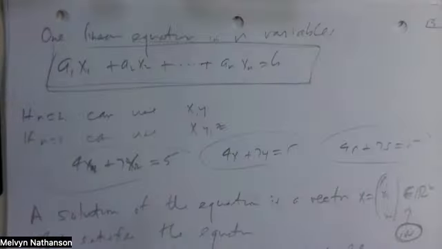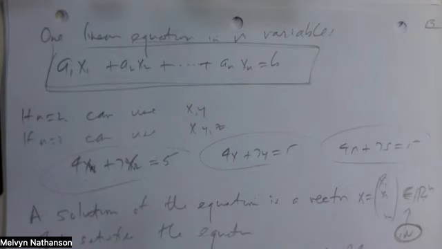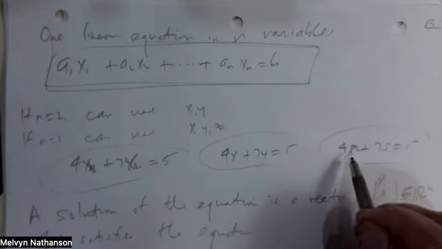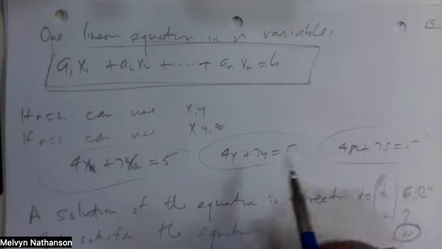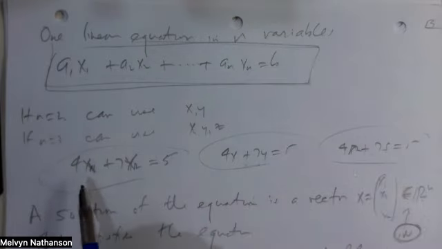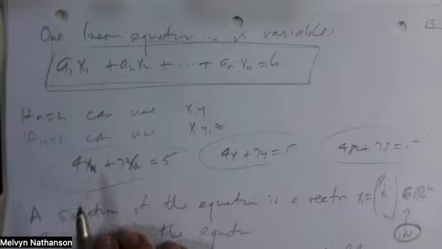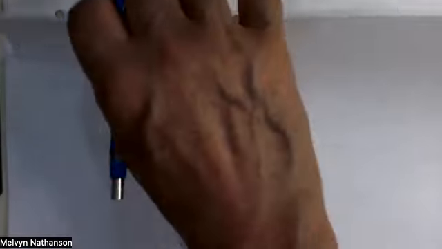On the last page, where it says 4r plus 7s equals 5, you were showing us that we could use different variables: 4r plus 7s, 4x plus 7y, 4x1 plus 7x2. It doesn't matter what letters you use. They're just names for the variables. Okay.